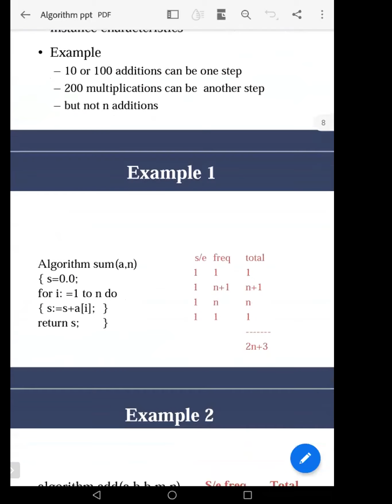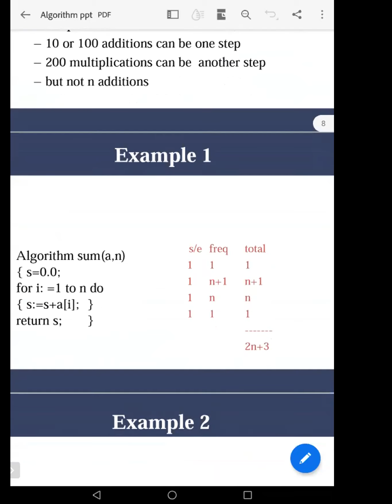Now see how you determine the running time of an algorithm. How do you get the running time? This is a simple algorithm used for finding the sum of an array of numbers, the sum of all the numbers from 1 to n.